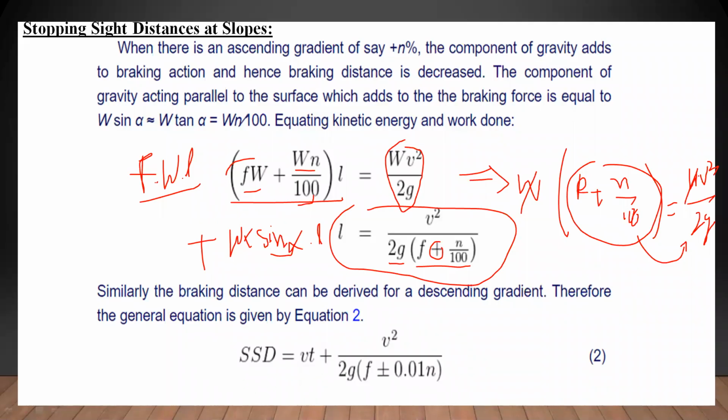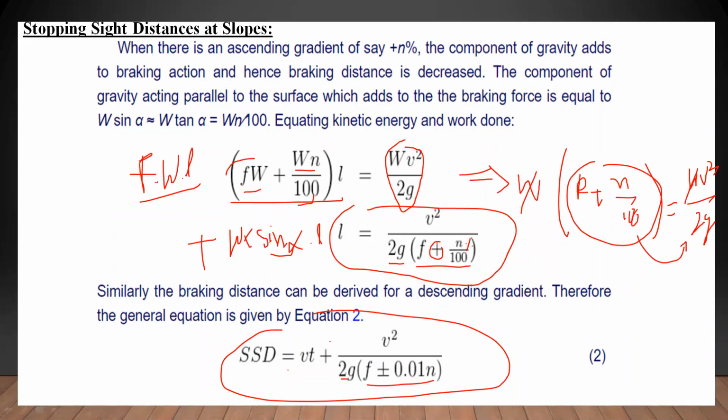So that's why we write stopping sight distance at slopes as small v into t plus small v square divided by 2g into f plus or minus 0.01 n, since n was in percentage. N divided by 100, that is 1 by 100, is 0.01. So this is the formula for stopping sight distance at slopes.